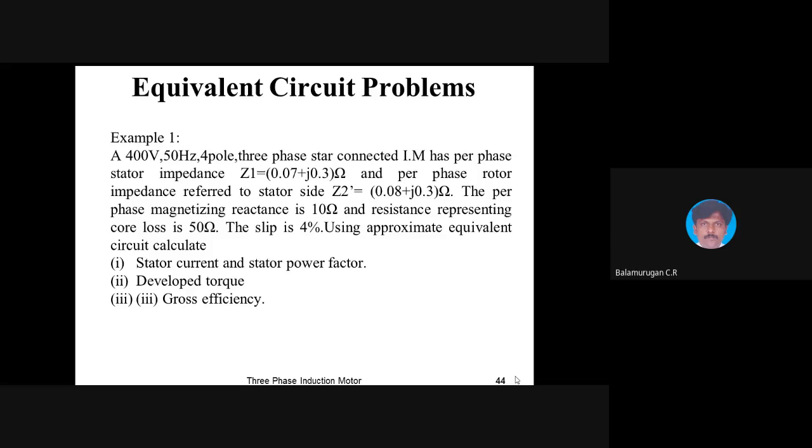Gross torque developed TG equals 9.55 into 65946 divided by 1440 RPM. You tell the gross torque.